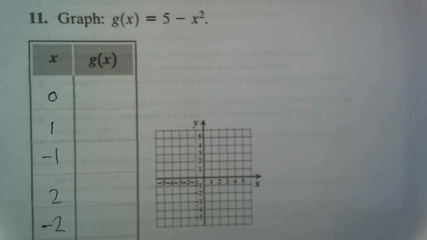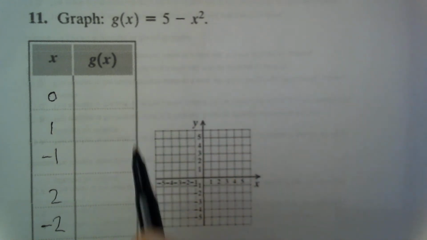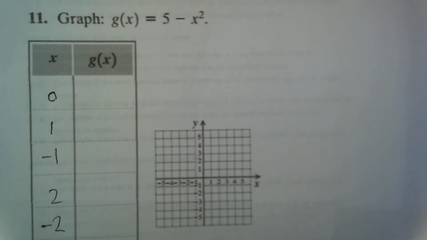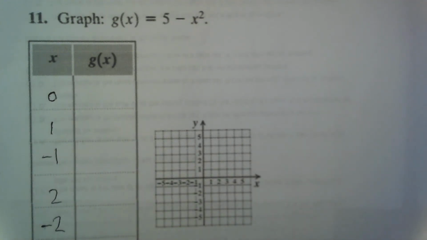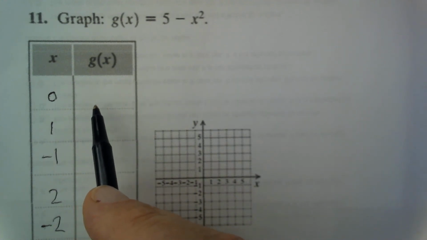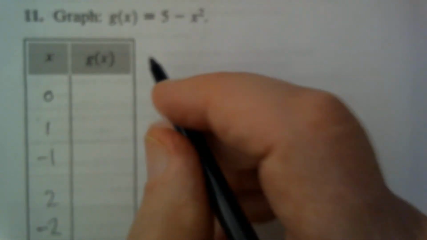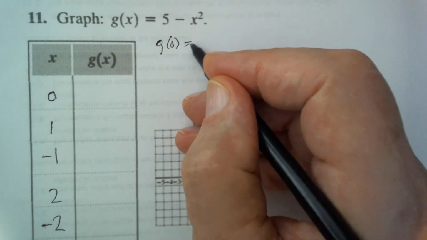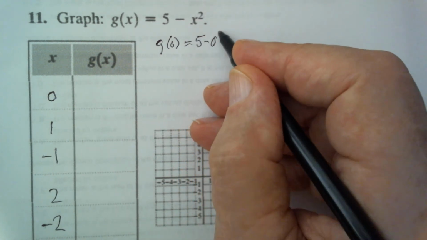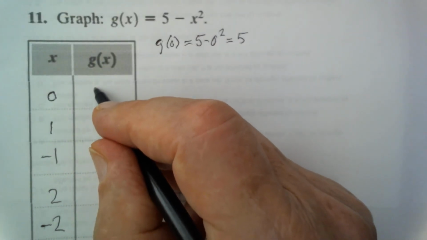For exercise number 11, we are asked to graph g of x equals 5 minus x squared. And I selected some values for x: 0, 1, minus 1, 2, minus 2, 3, and minus 3. So let's compute the corresponding function values. g of 0 would be equal to 5 minus 0 squared, and that's equal to 5.